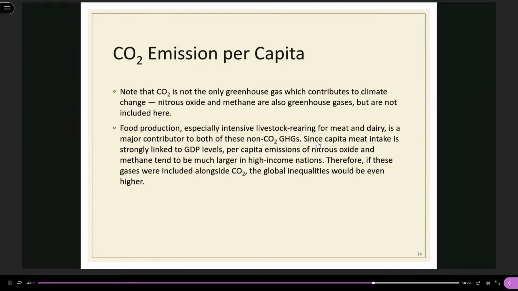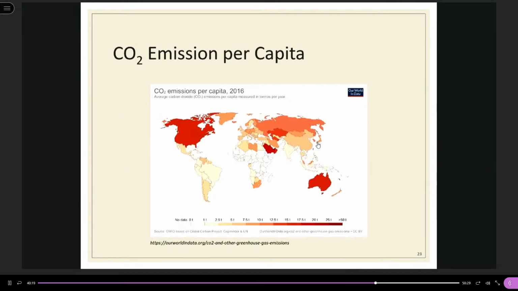Note that carbon dioxide is not the only greenhouse gas which contributes to climate change. We still have nitrous oxide and methane, but they are not included in this graph. This graph is only for carbon dioxide.